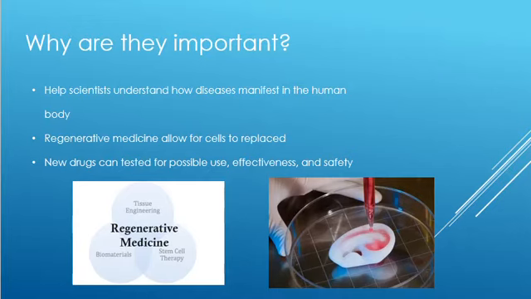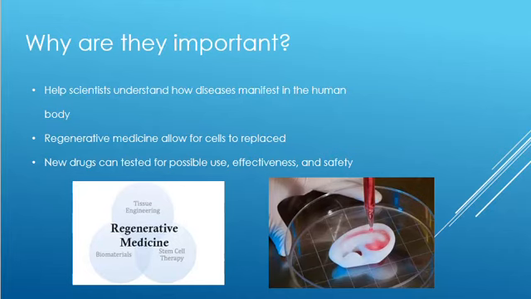So why are they important? Well, they're important because it helps scientists understand how diseases occur and develop inside the body. By observing them, they can see how they mature and maneuver, hoping to understand and help scientists see how they can prevent diseases from happening. Second, they can generate healthy cells to replace diseased cells.